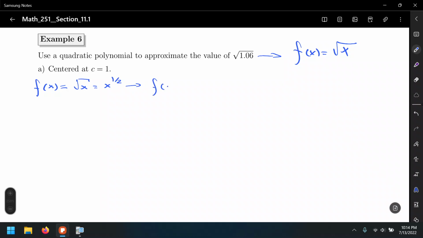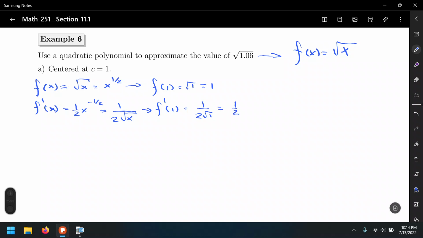Evaluating f of 1, that's the square root of 1, which equals 1. f prime of x equals 1/2 x to the negative 1/2, which is 1 over 2 root x, after cleaning up the negatives and rewriting this in radical form. f prime at 1 is 1 over 2 root of 1, which equals 1/2.